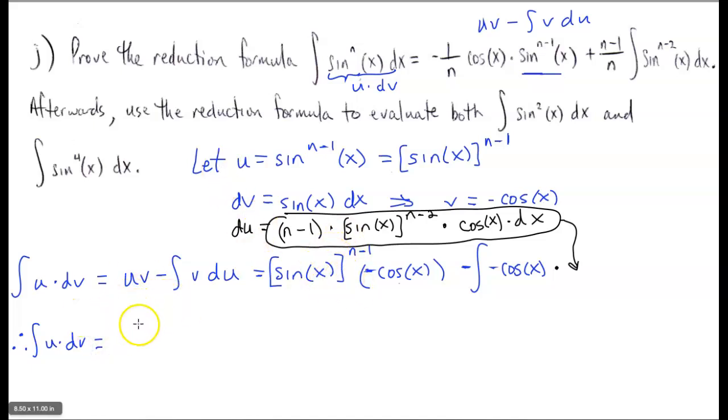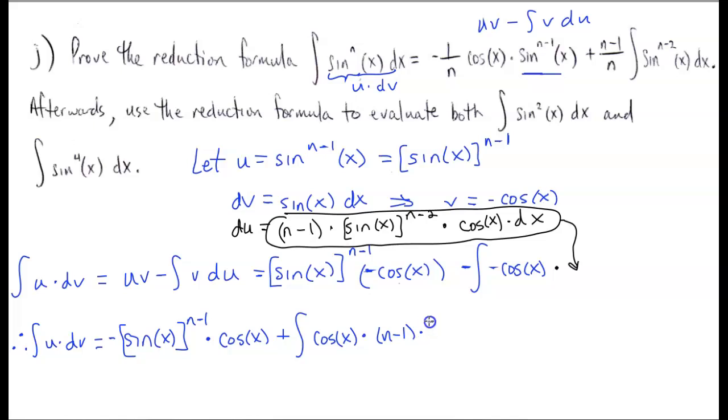What we end up having here again is this minus sine of x raised to the n minus 1, and this will be that times cosine of x, and then this will be plus cosine of x times, and now we've got to write all this stuff in, n minus 1 times sine of x raised to the n minus 2 times cosine of x dx.